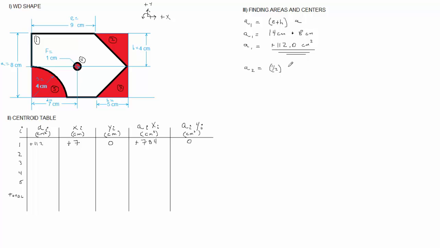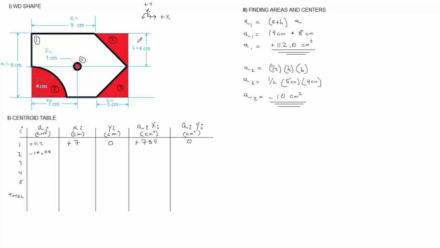Well, the base is H, this distance, and the height is B. Now shape 2 I told you was cut out of the original shape, so that means that that shape is a negative 10 square centimeters, which we can then put into our chart.